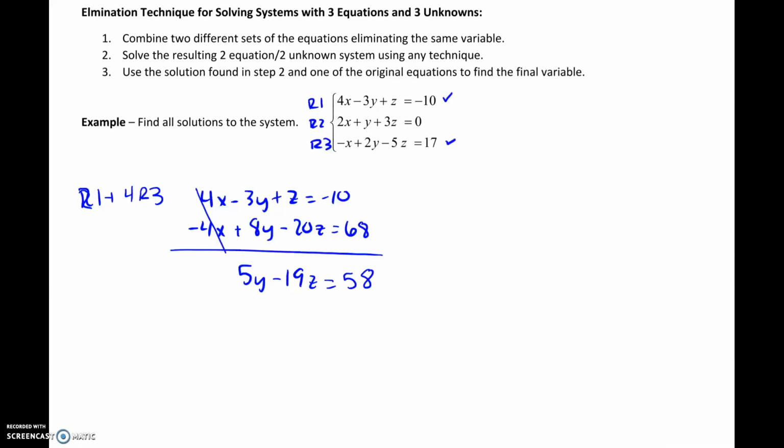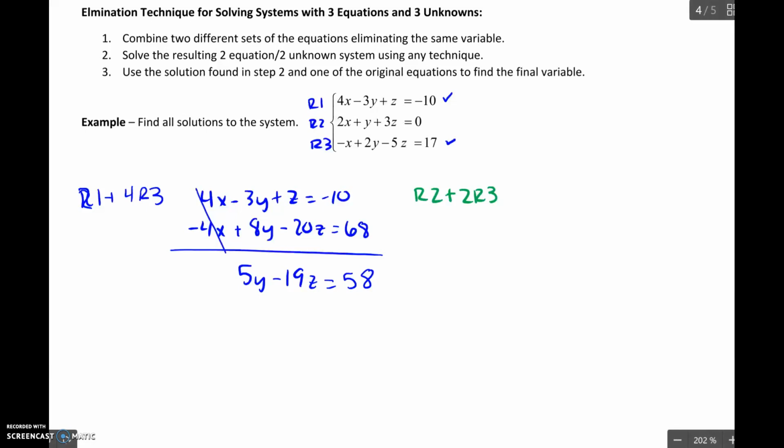Now I have to use row 2. I can use 1 or 3 again, but I have to use row 2 this time, so I need to eliminate the x's from row 2. So I'm going to use row 2 and row 3. I'm going to say row 2 plus 2 row 3 and eliminate the x's again.